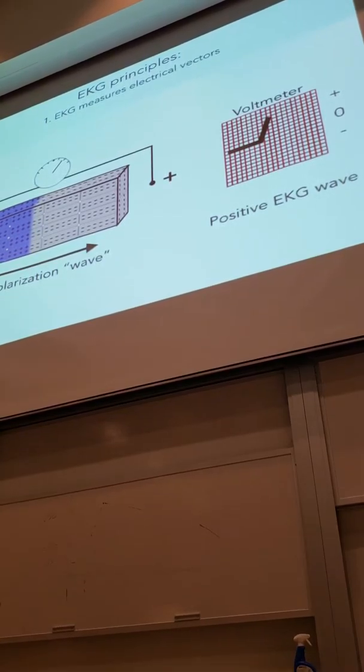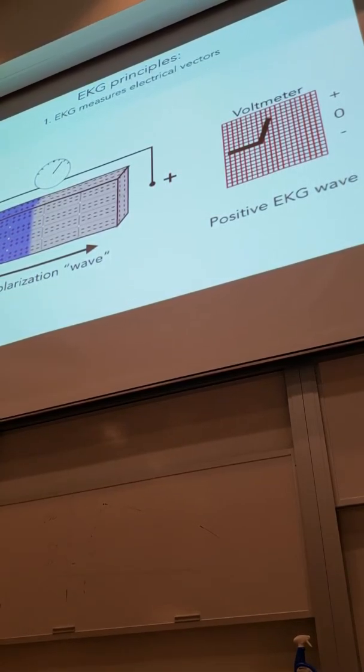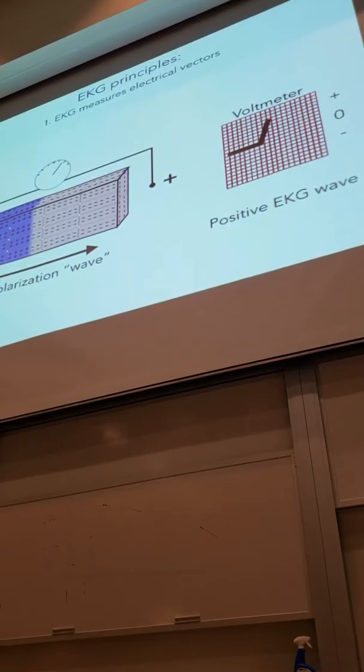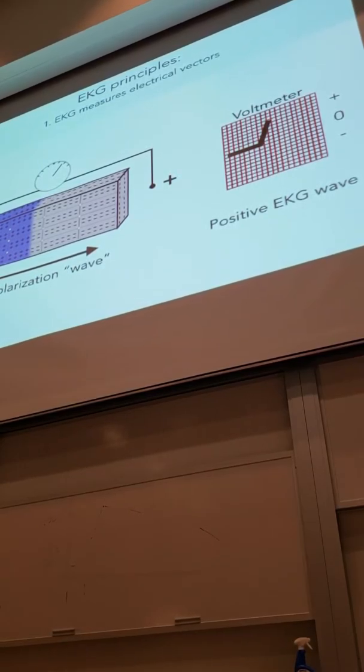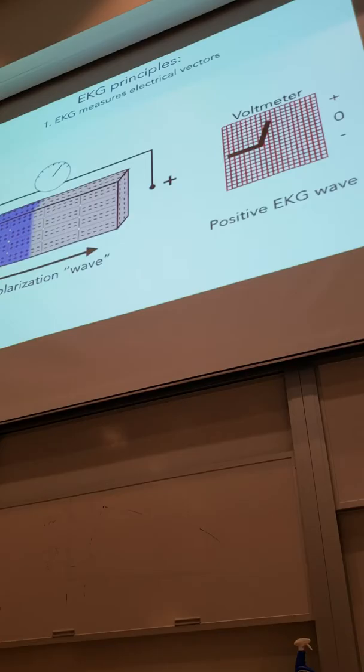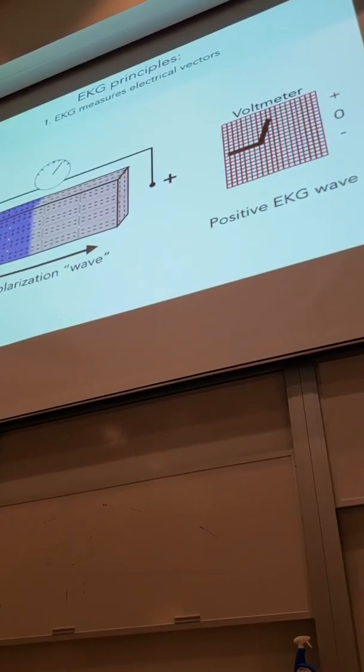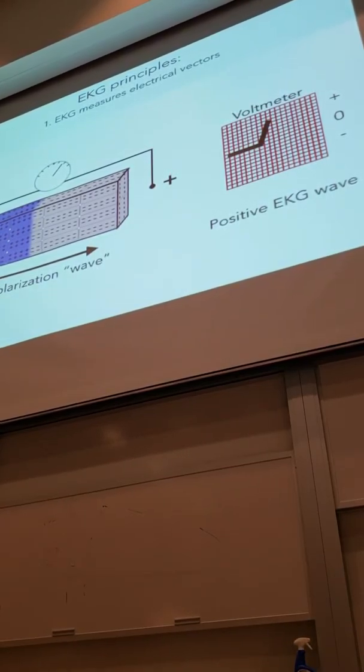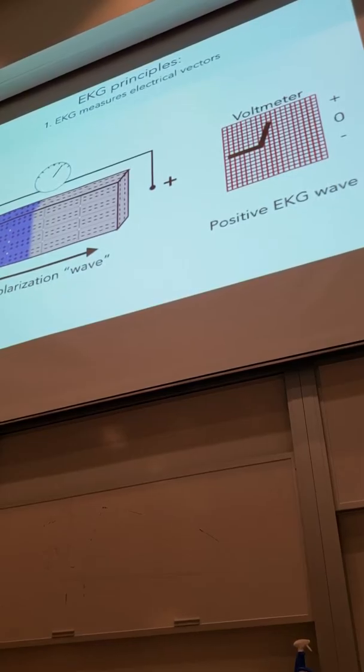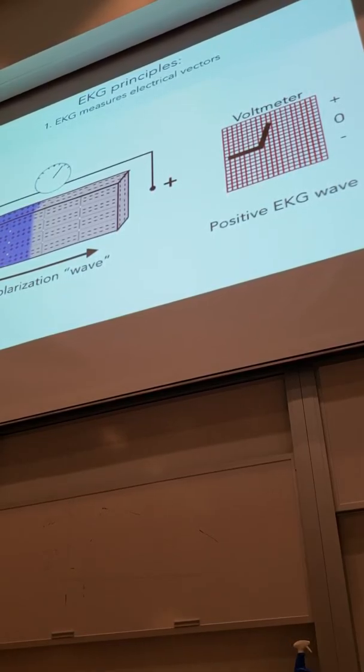What do you suppose would happen if it was moving away from the positive electrode? It would be moving downward instead. So a depolarization moving towards the positive electrode means that we have a positive EKG.